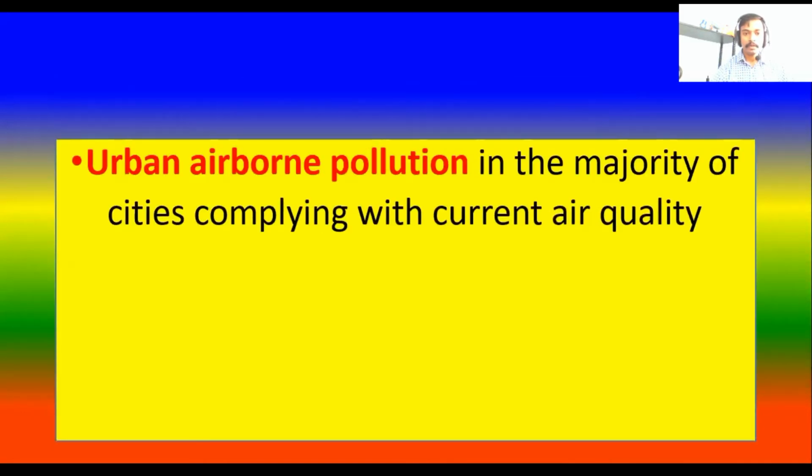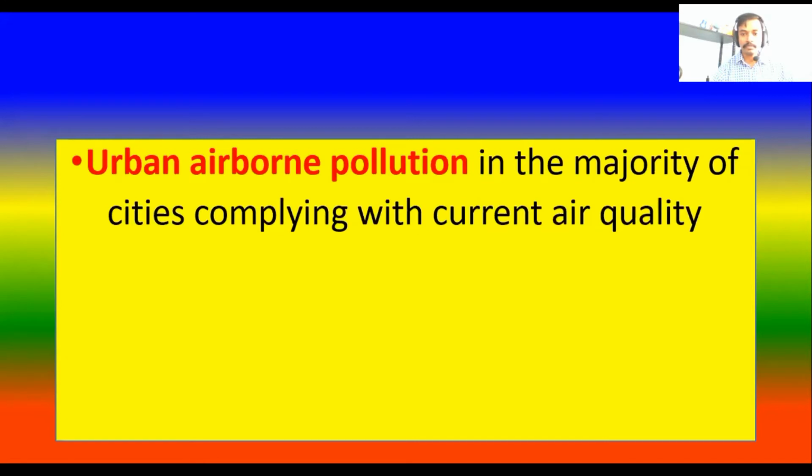Then urban airborne pollution. As we know, there are industries in urban areas. When you land in Chennai or Mumbai and just look upwards, we can see various industries emitting air pollutants which are dangerous.